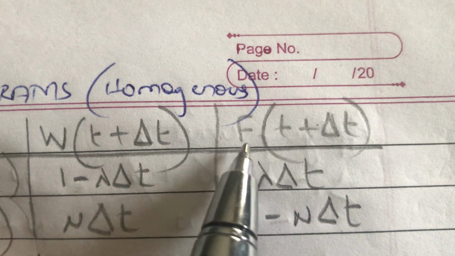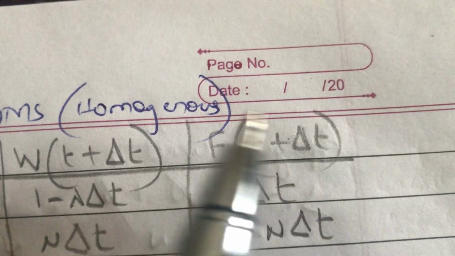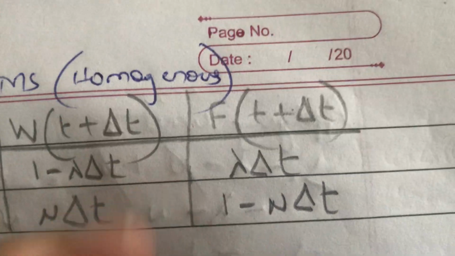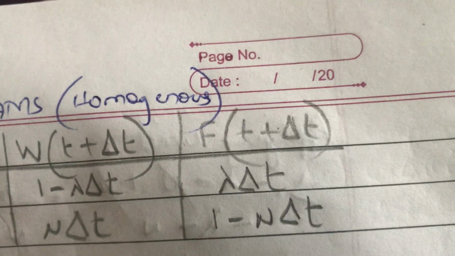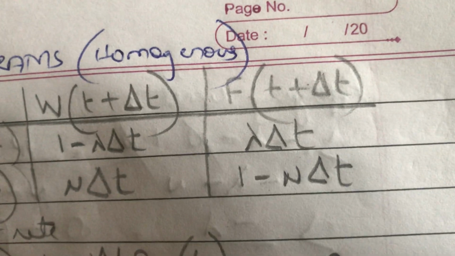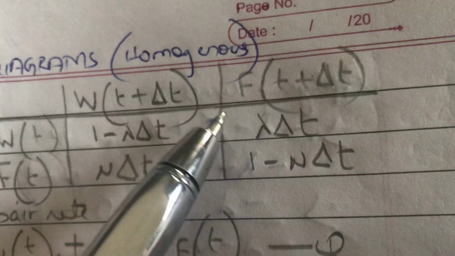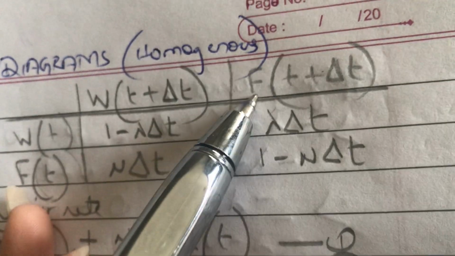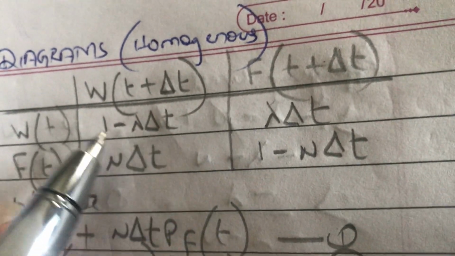Our failed condition of the item is also represented by t plus delta t, because obviously we have an item that can fail, so there must be procedures to repair it, because we are talking about availability. We have to see that the item that is failing or has failed gets repaired and brought back to the working condition.